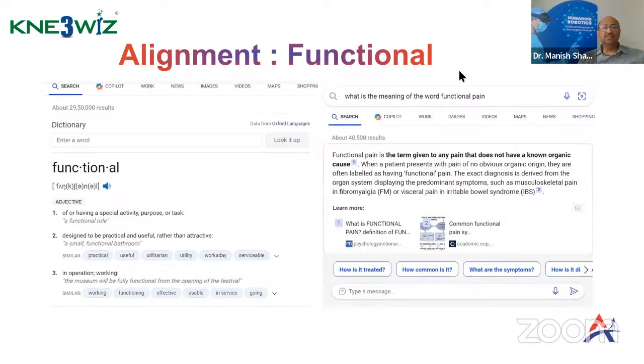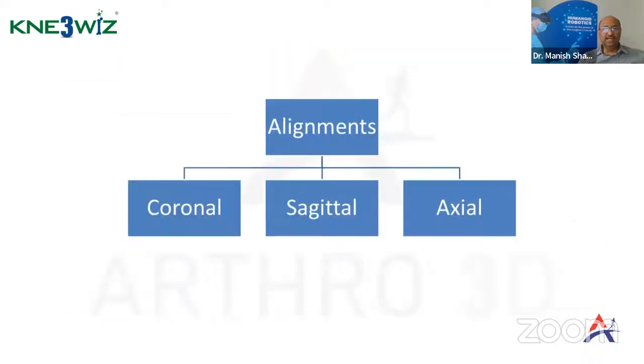So that brings us to the question: is alignment functional, or is it a functional pain? Without much ado, let's get into it. Alignments we'll discuss along all three planes: coronal, sagittal, and axial.